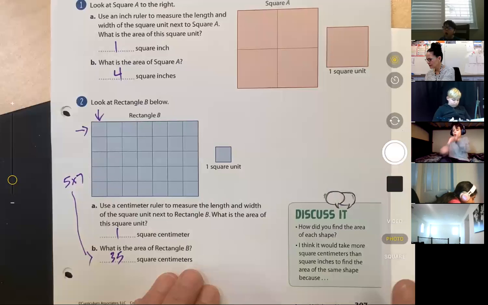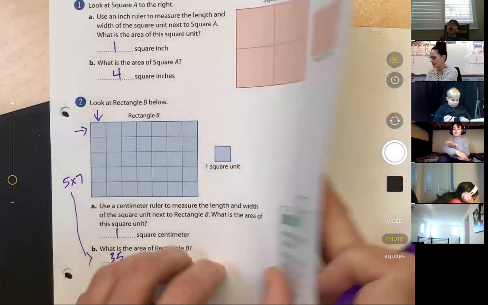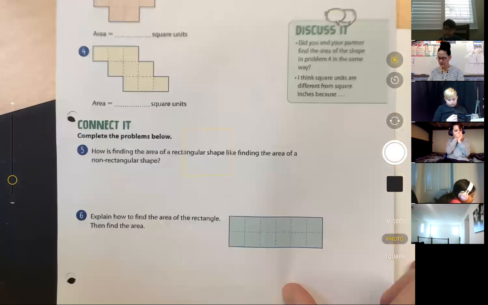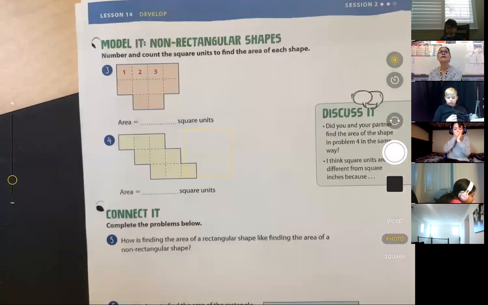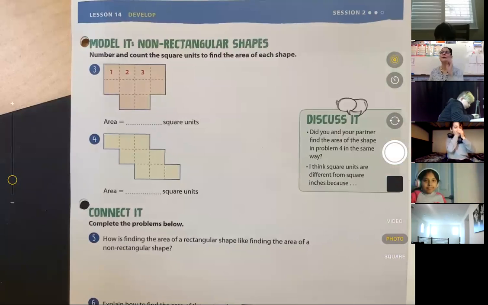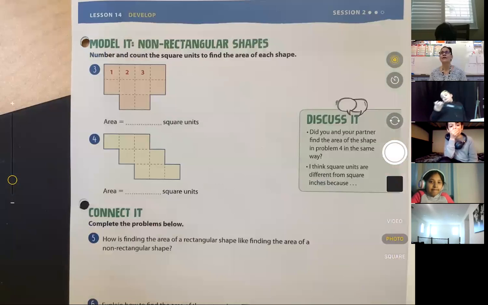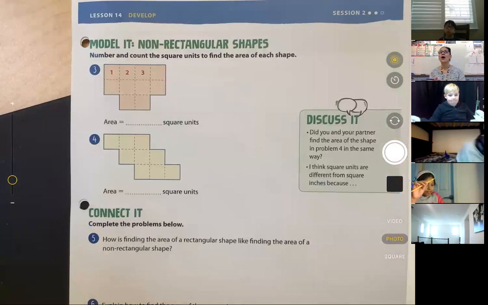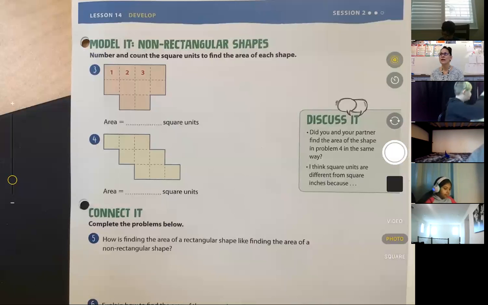Now, friends, let us take a look at page 308. It looks like this. So here's that super long word again that we call non-rectangular shapes. Shapes that aren't rectangles. Are we able to find area for non-rectangular shapes? Of course we can.